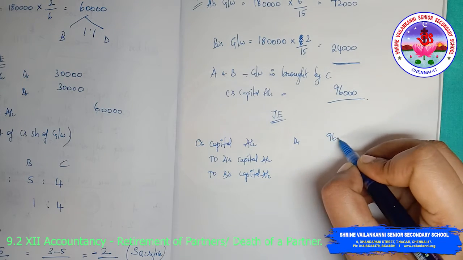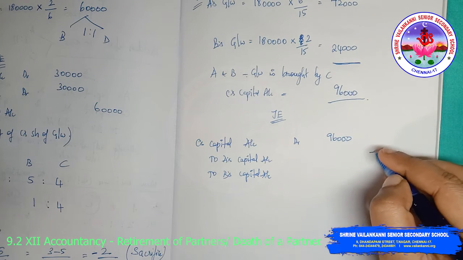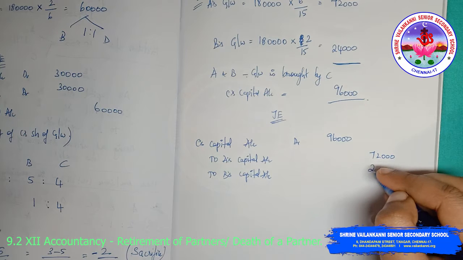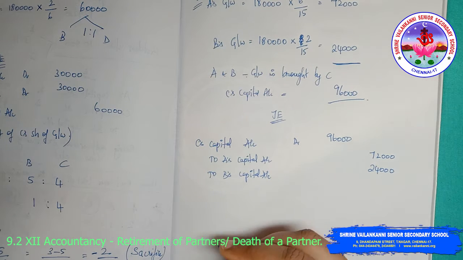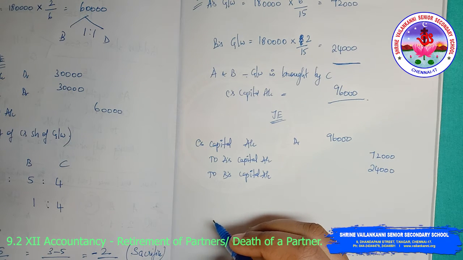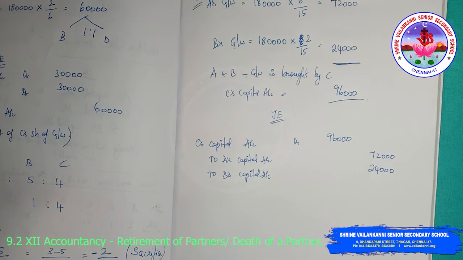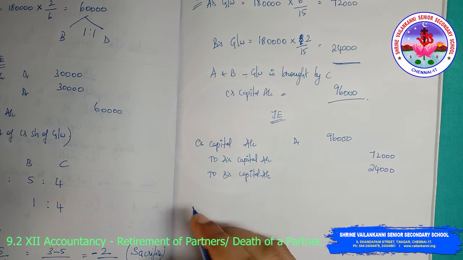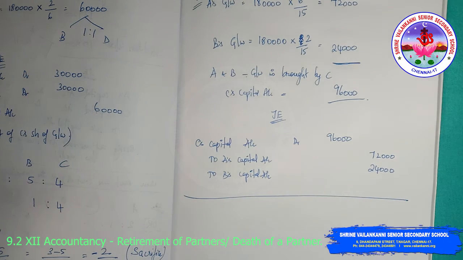So this is 96,000, 72,000 and 24,000. Being adjustment of A's and B's share of goodwill made. Okay, so this is the entry. I hope that this part is clear.